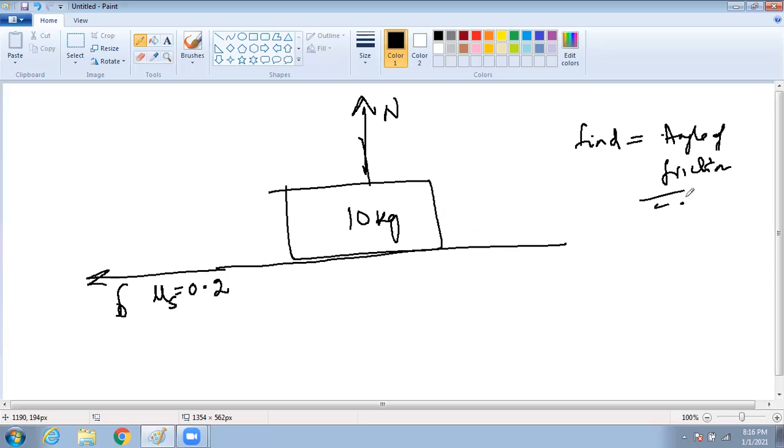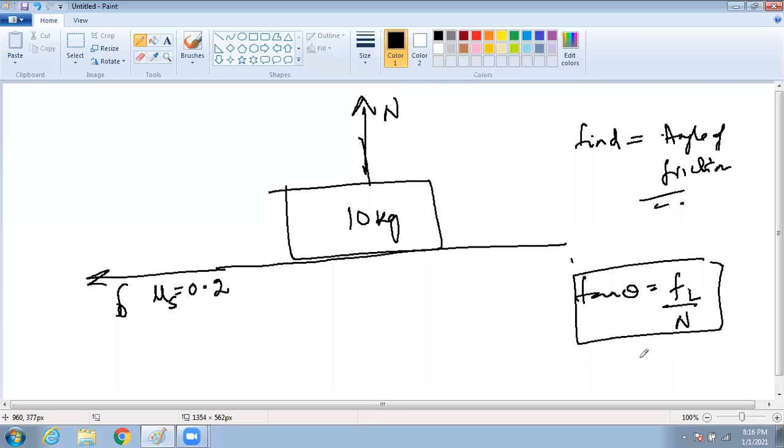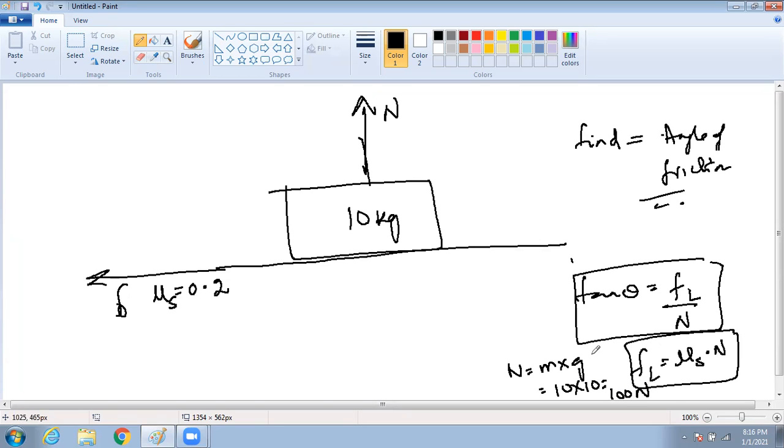Find the angle of friction. Put down the formula. I have written down everything.